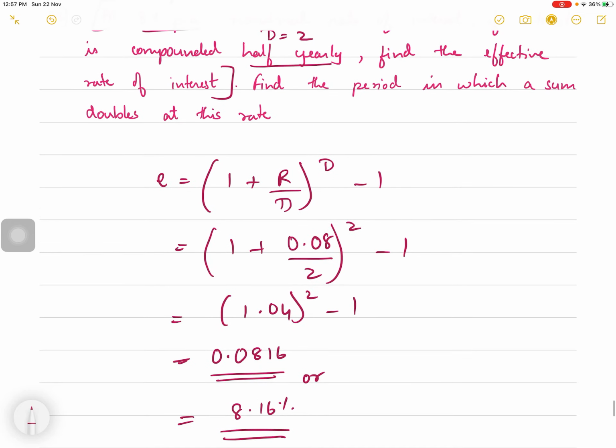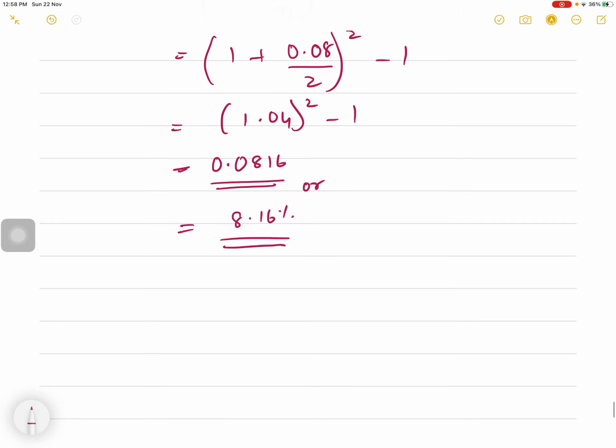Now find the period in which the sum doubles at this rate. Okay. So you have to find n when it doubles. Let principal P is equal to 100. If P is equal to 100, then A is equal to 200. Effective rate of interest is 8.16%.